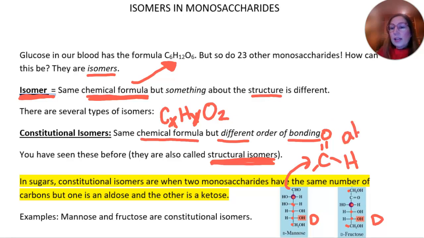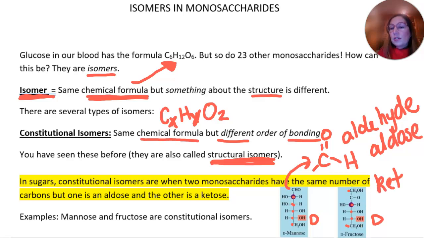So we know that it's an aldehyde because it's an aldose sugar. Versus fructose is a ketose, and it has a ketone. The ketone was the second carbon from the top, that's C double bond O, versus the aldose is the CHO that mannose ends in.